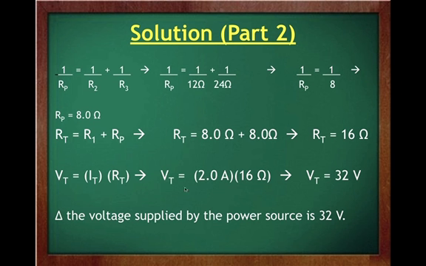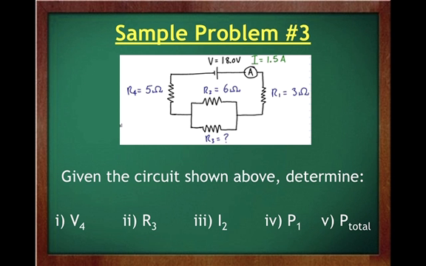Because that was in series, we calculated that the resistance from the parallel section is 8 ohms. Another way you can do it is to look at the total resistance as 16 ohms and the total current as 2 amps, so a total of 32 volts, or we can do it in sections as I showed you. So there are a couple of different ways you can tackle it. Just make sure you're following the rules of Ohm's law and Kirchhoff's law.